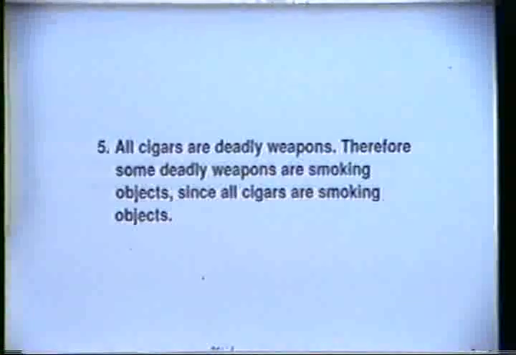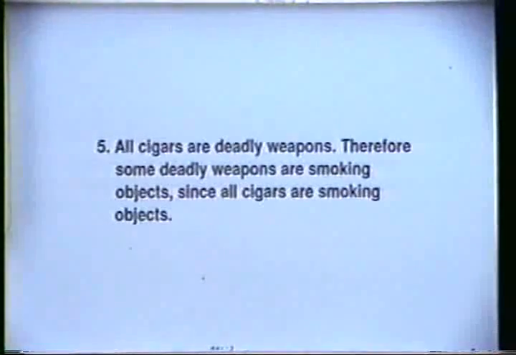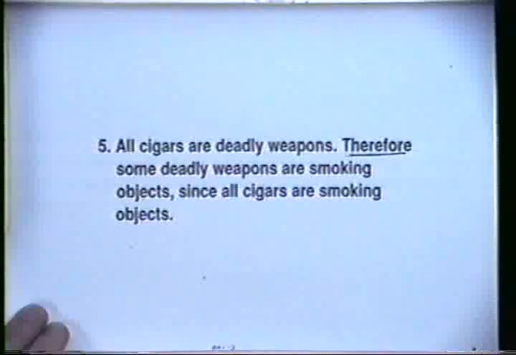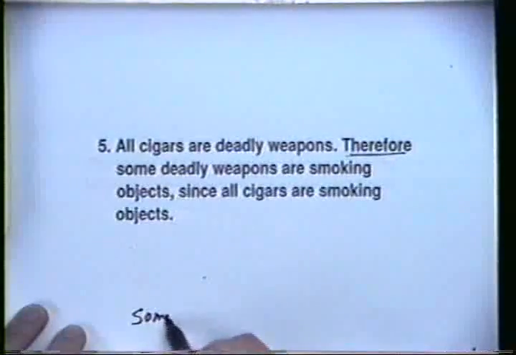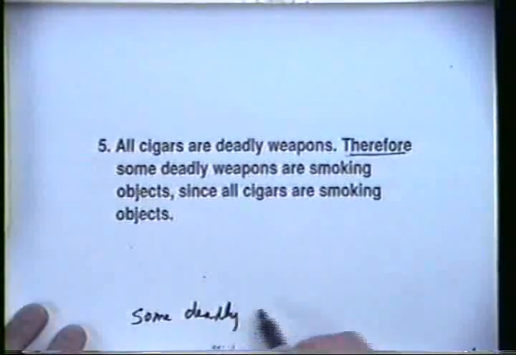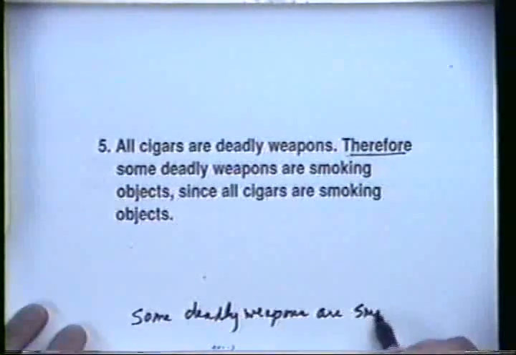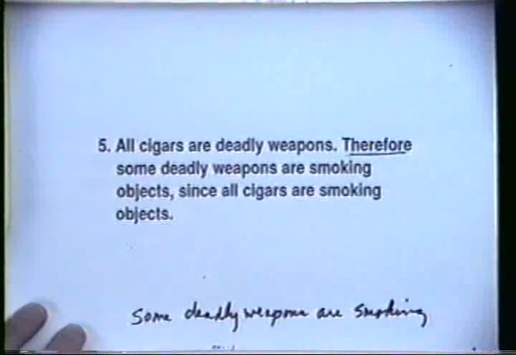All right, we'll do one more of these just to make sure that you have it down, and then turn to something a bit different. All cigars are deadly weapons. Therefore, some deadly weapons are smoking objects, since all cigars are smoking objects. Who said logic can't be fun? Okay, so here's therefore, the conclusion indicator. We've got some deadly weapons are smoking objects as the conclusion.